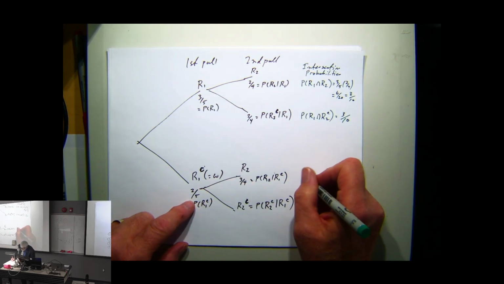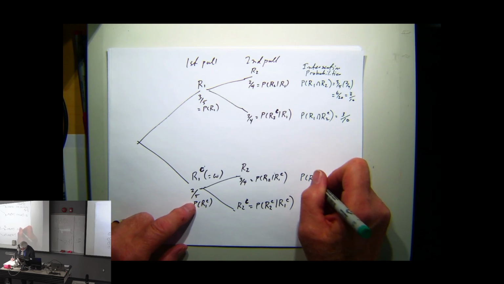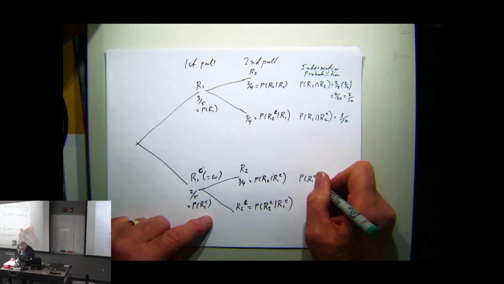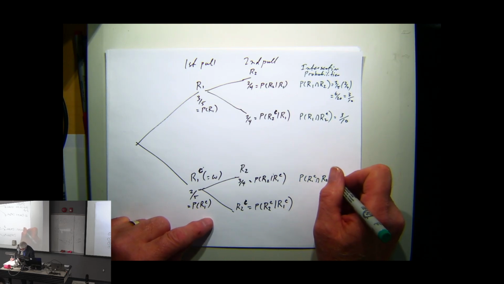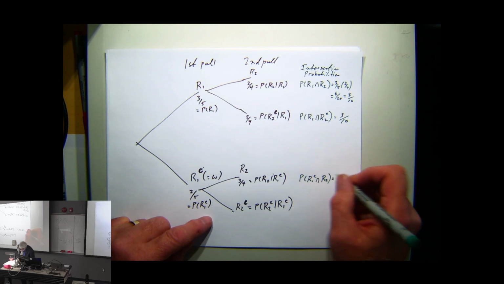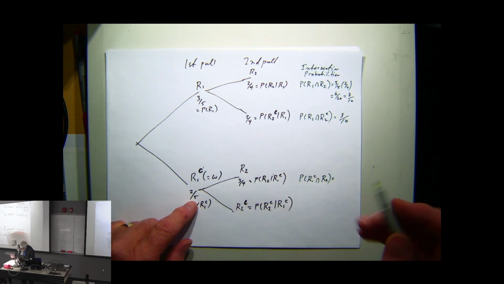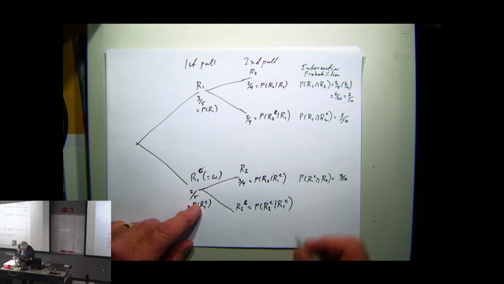And then coming across here, I've got the probability of not getting a red on the first intersected with getting a red on the second, and that is going to be 2/5 times 3/4 is 6 out of 20, so that's going to come out to 3 out of 10.